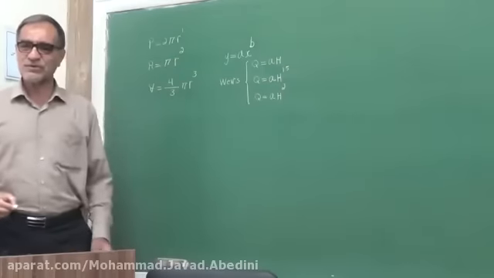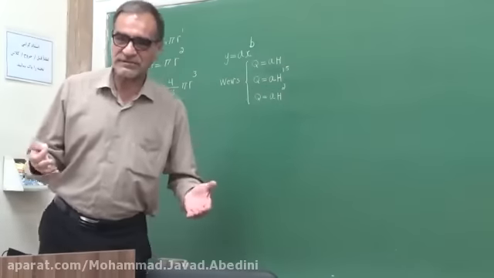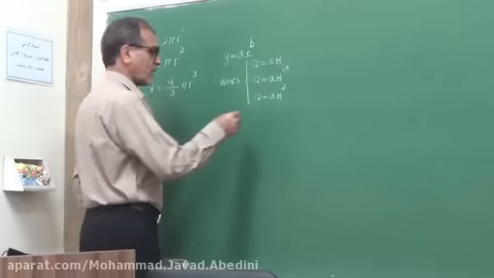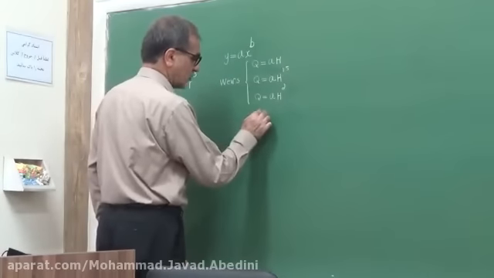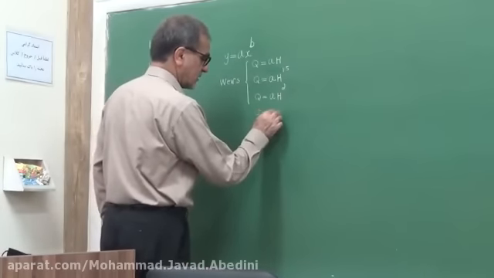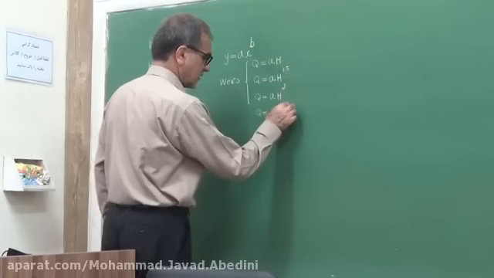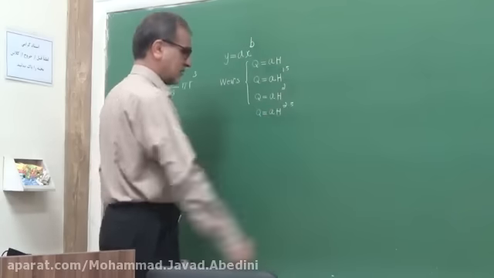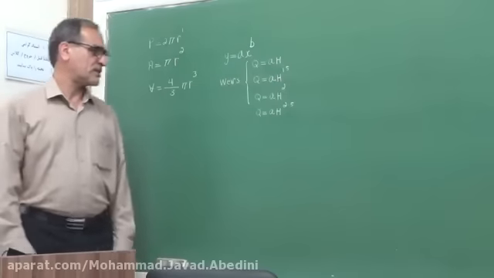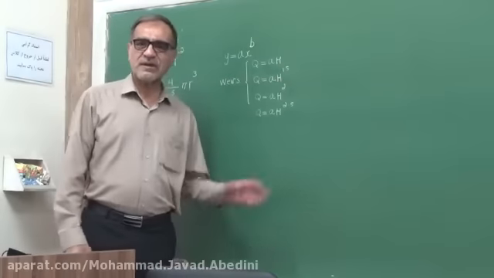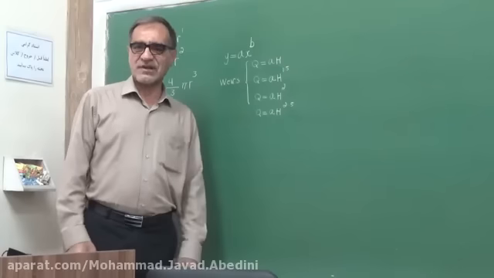This corresponds to a parabolic weir. And then you could have AH to the power of 2.5 when your weir is triangular.